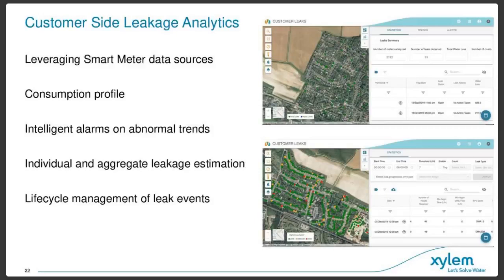to understand an aggregate leakage estimation for customer side. What you can see on the right hand side is a couple of examples of interfaces for managing customer leaks. So the top one is looking at analytics for detecting customer leaks based on a normal consumption profile, and then identifying a significant deviation away from that consumption profile, and then enabling the management of that identified leak within the system.